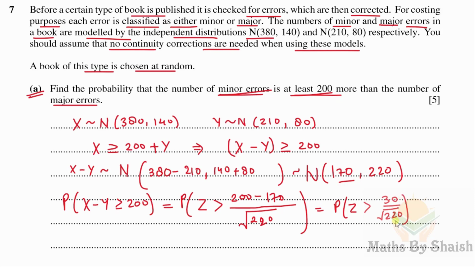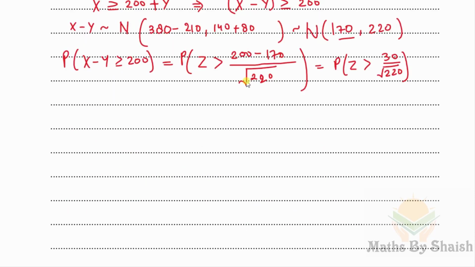Now let's calculate this value. It is about 2.0225, so we write 2.023 because we require three decimal places to find the value from the distribution table.